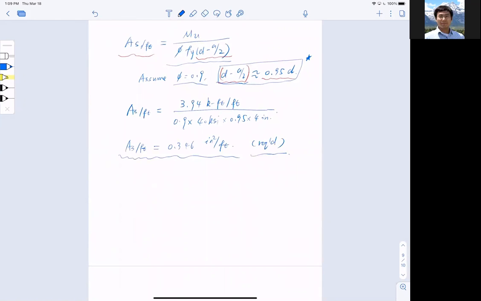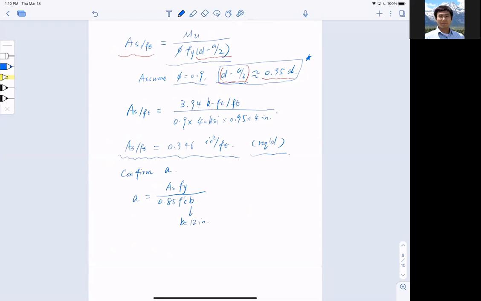But given this number, we can now confirm the actual compressive zone a. How do we do that? So a should equal A_s f_y divided by 0.85 f'_c b, where b equals 12 inch or 1 foot.